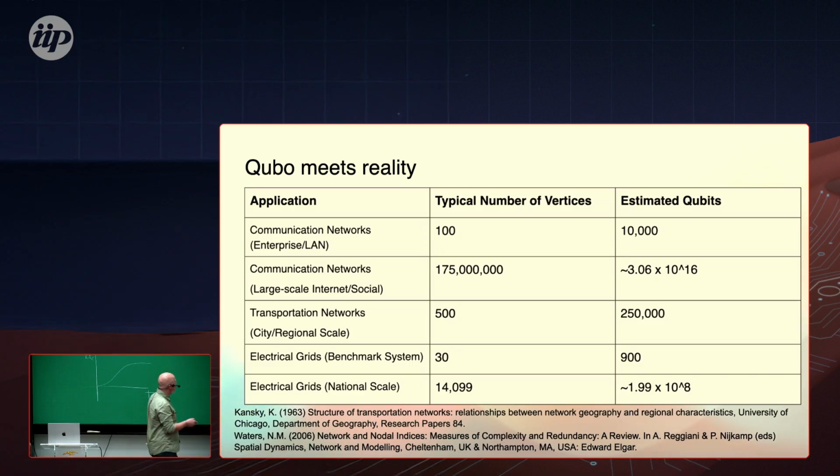And even for a smaller situation, for example electrical grids, just to check if it works, we would need something we don't have, which is 900 qubits. When I talk about qubits, I'm talking about logical qubits, not physical qubits. So in principle, there is no noise here, okay? Of course, this is quite disappointing.